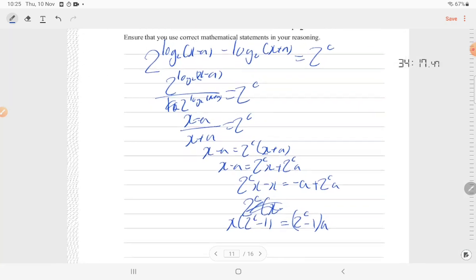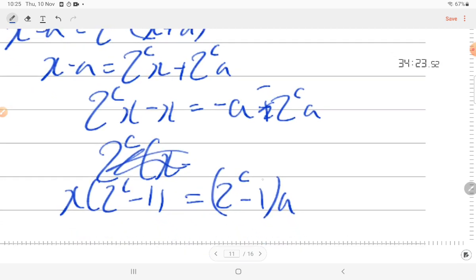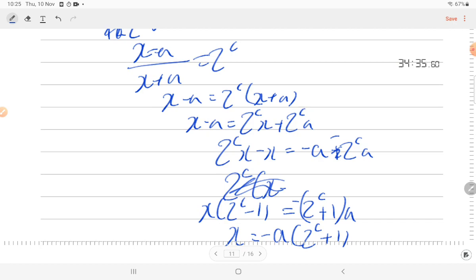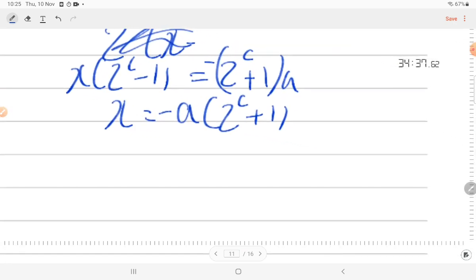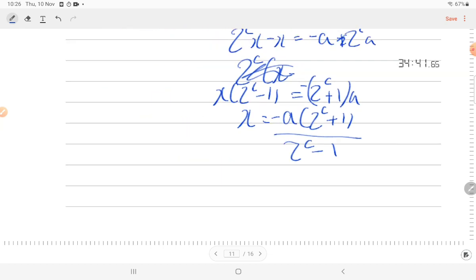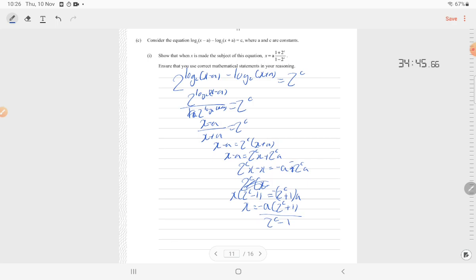Did I go wrong somewhere? Oh, this should be takeaway. Negative. x equals a brackets negative a brackets 2 to... no, definitely went wrong somewhere.